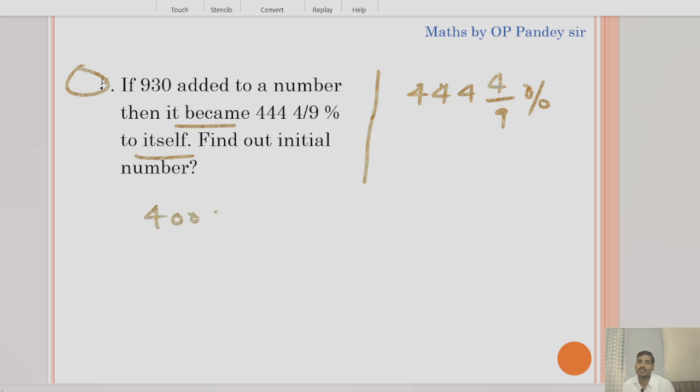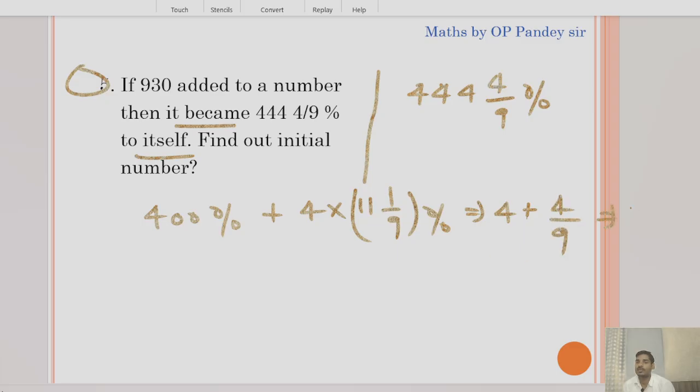This is 400% plus 4 into 11 1/9%. So this becomes 4 plus, 11 1/9% is always 1 divided by 9, multiplied by 4. So this becomes 4 divided by 9.